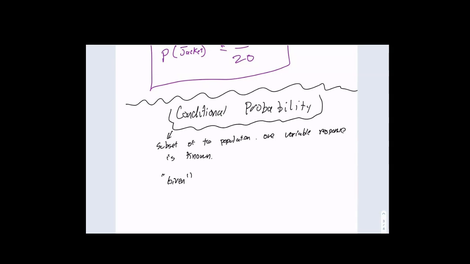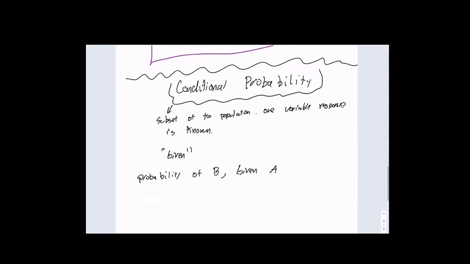So given, what is the probability of B given A? Okay, so we know A is true.